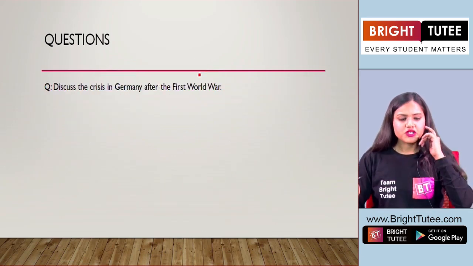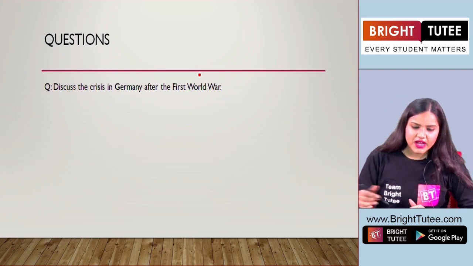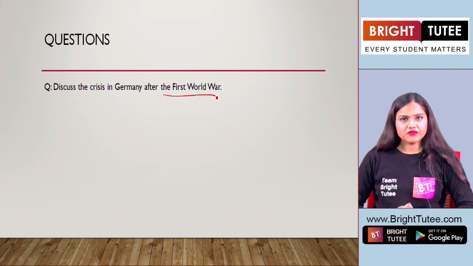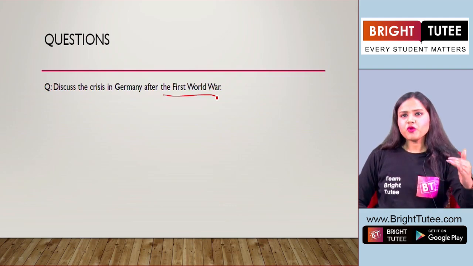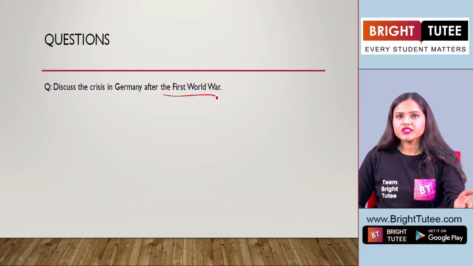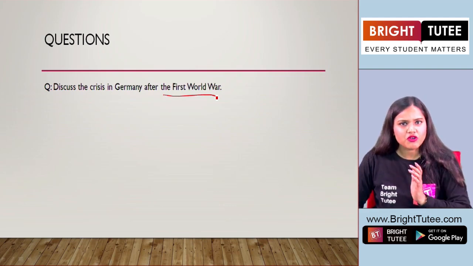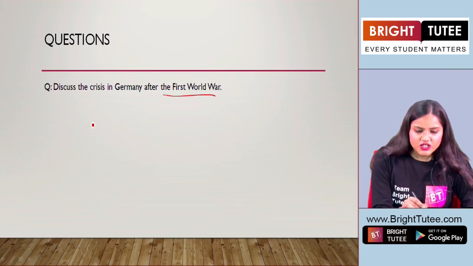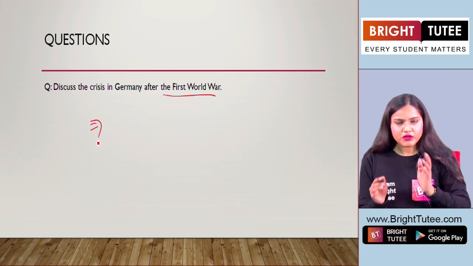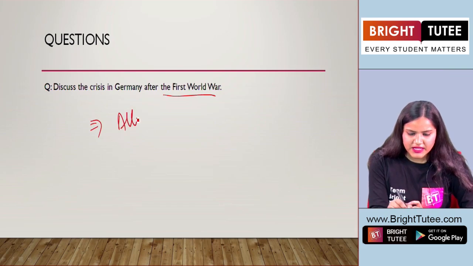Now the next question here is, discuss the crisis in Germany after the First World War. Now whatever points we have mentioned in our previous question, definitely we are going to talk about it. So after the First World War, you can talk about the two groups that participated here.